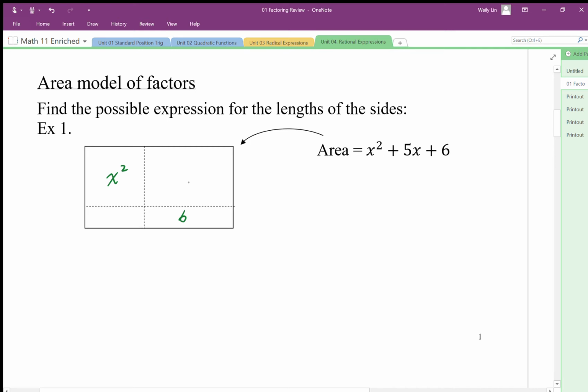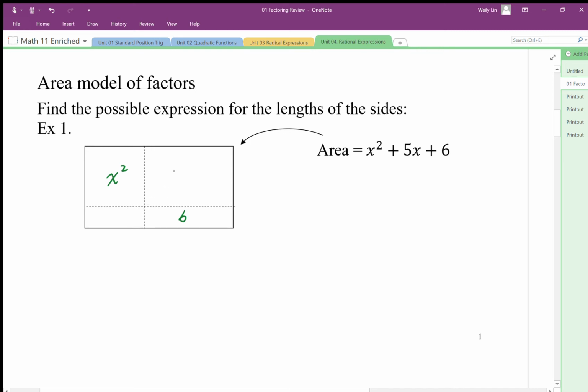And the way we do that is, well, we can use our product of 6 here and look at the factors of 6 to find out the edge lengths here and here. So what two factors multiply to 6 and give us the 5x in these two areas?